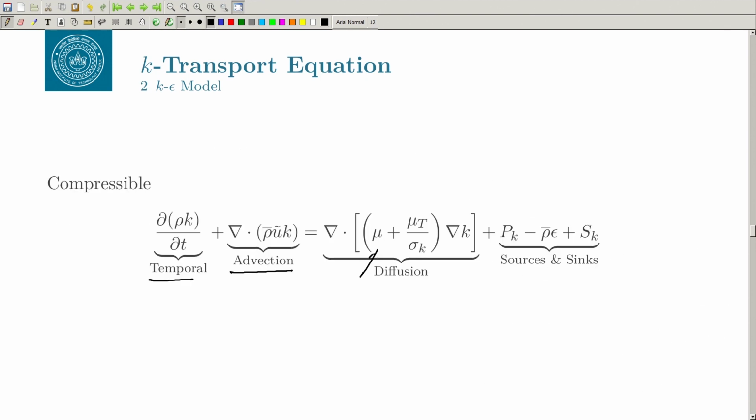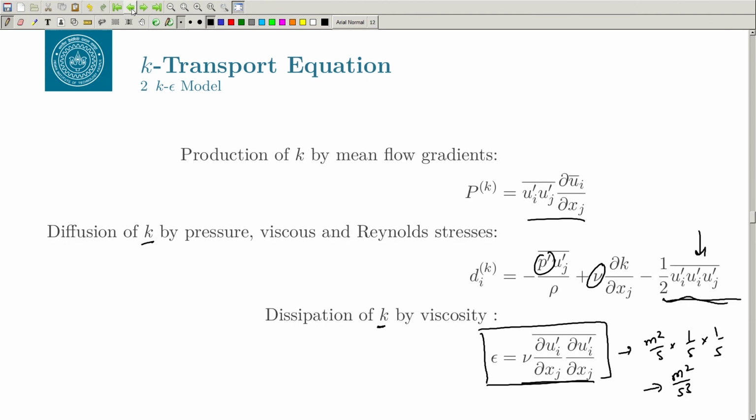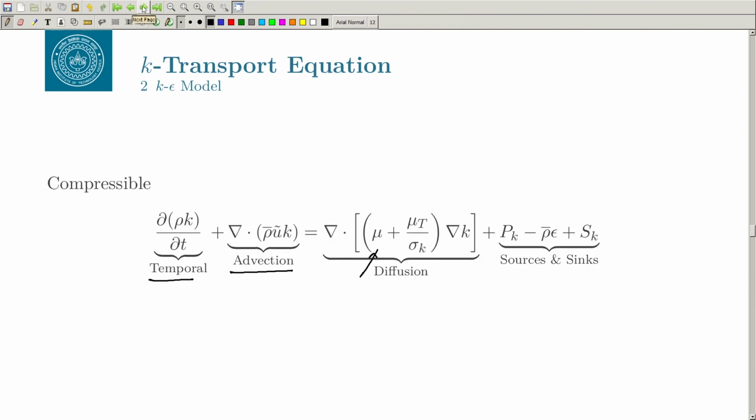So this is mu del grad k, and this is the diffusion due to Reynolds stress, which is given by mu t by sigma k. Sigma k is nothing but an empirical constant, which can be evaluated by comparing with different experimental data or even the DNS data.